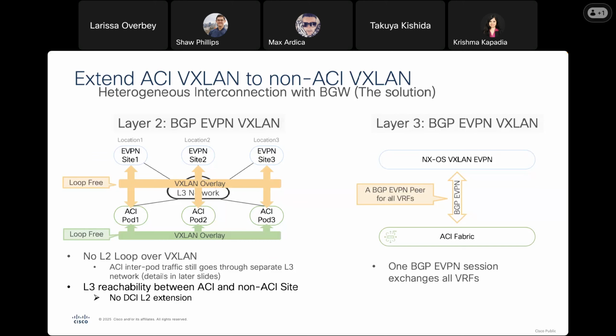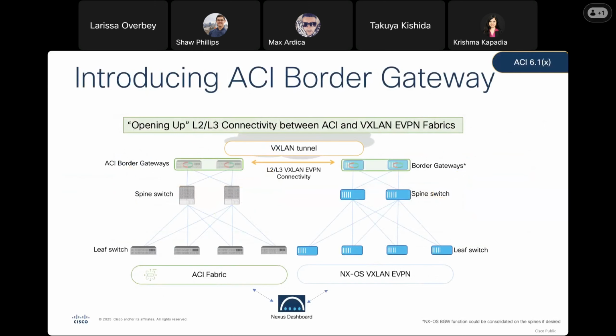In this case, we still have a single VXLAN overlay between the three pods in this multi-pod. But then for layer 3 reachability, we can leverage just a single BGP EVPN session that carries all the VRFs that you want to exchange in that environment. So you can see it reduces the configuration load as well as improves the scalability.